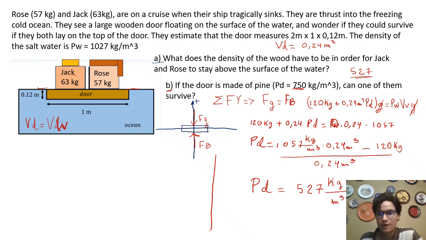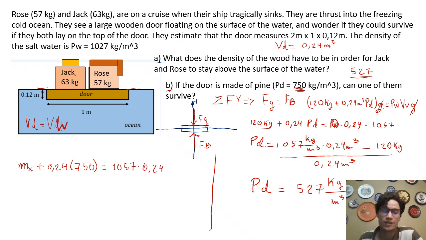Now, to do that, we are going to find the maximum mass that this door can hold while staying floating. So let's call it the maximum mass, plus the volume of the door, which is the same. Now the density is 750, and that is equal to 1057 times 0.24.